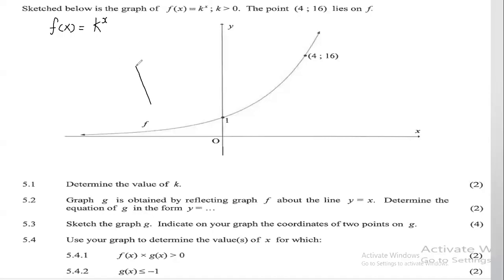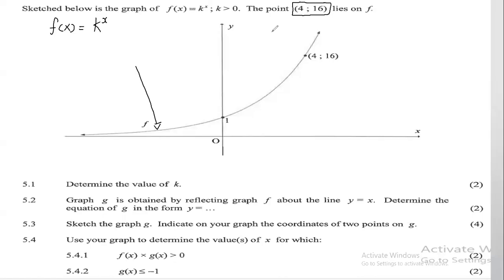So this graph that we see here, its equation is k to the exponent x, f of x equals k to the exponent x, whereby k is greater than 0 and the point (4, 16) lies on f. This is interesting.